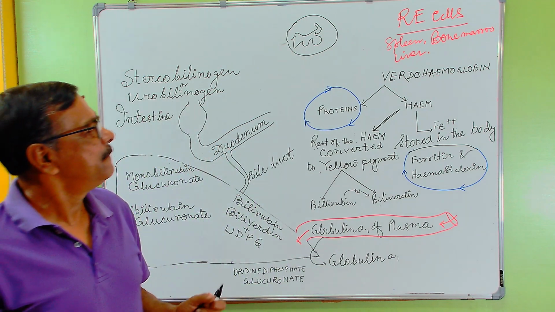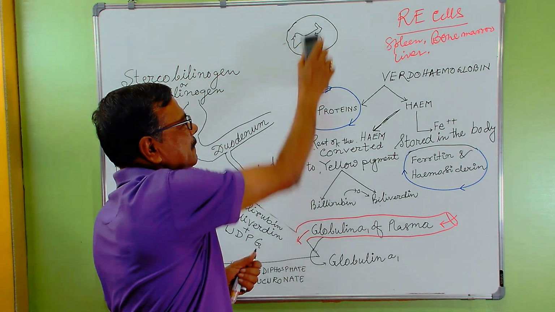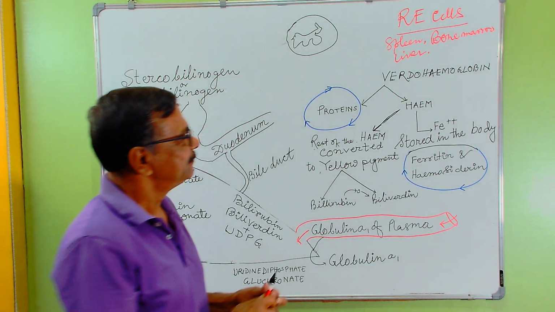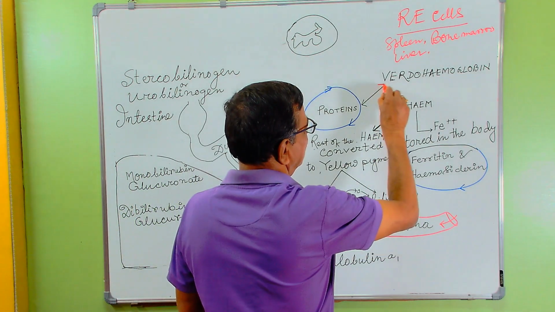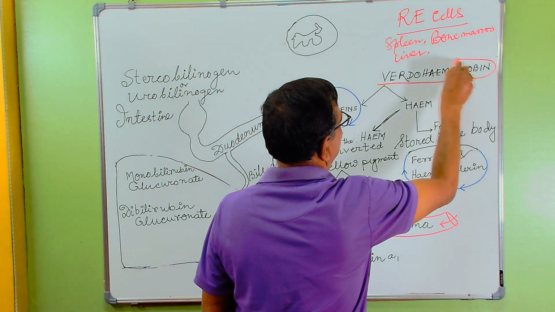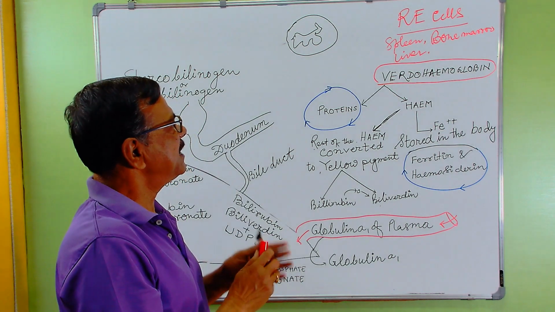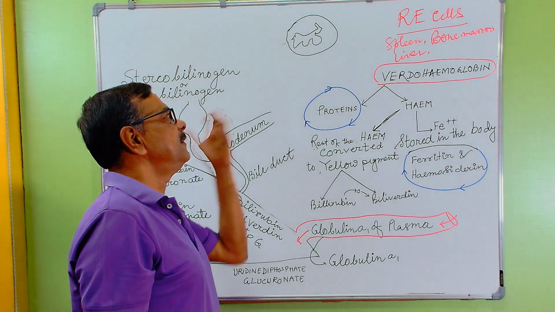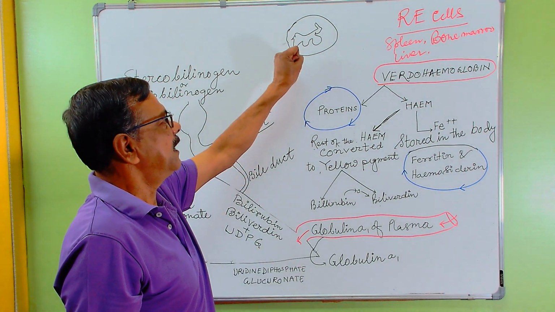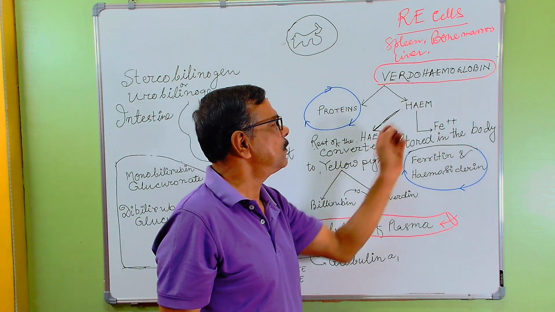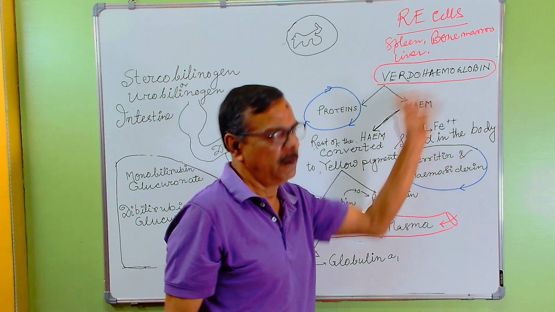See the depth. They crush the RBC and they become hemoglobin. That is, once RBC enters the RE cells, they crush. RE cells engulf it and crush the RBC, and then it is known as hemoglobin.